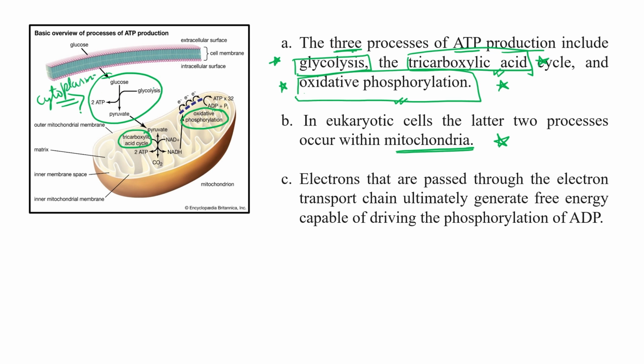So glycolysis occurs in the cytoplasm, while these two occur in mitochondria. Electrons that are passed through the electron transport chain, ETC, ultimately generate free energy capable of driving phosphorylation of ADP to ATP. This continuous passing of electrons from one complex to another, which we will discuss further in coming slides, occurs in the inner membrane of mitochondria.